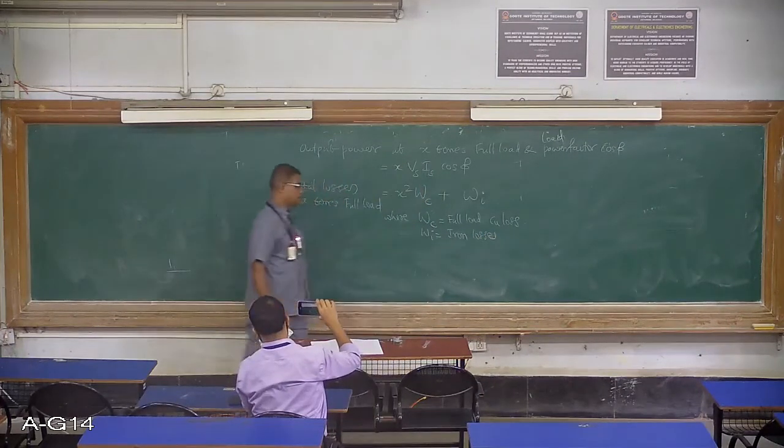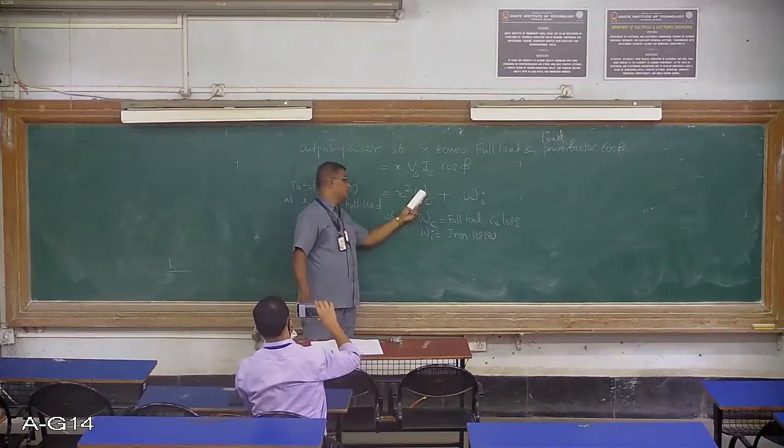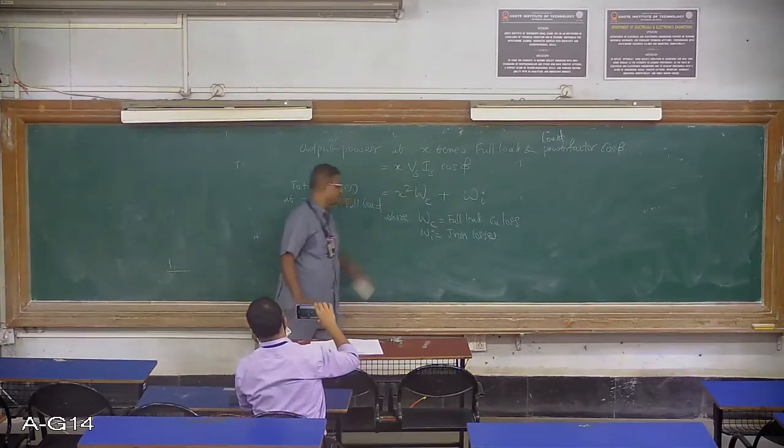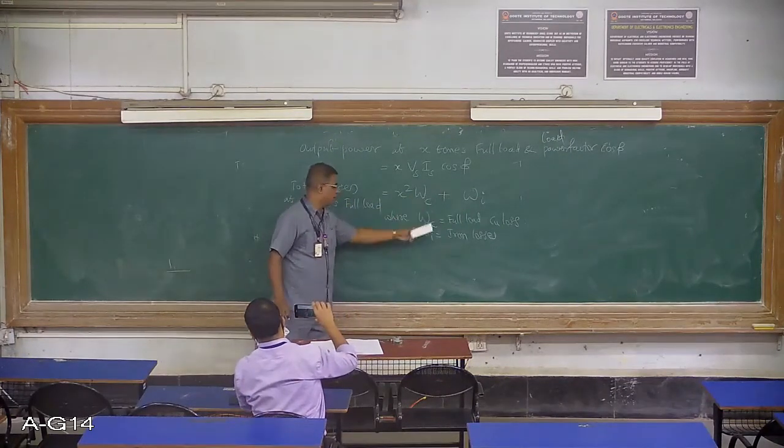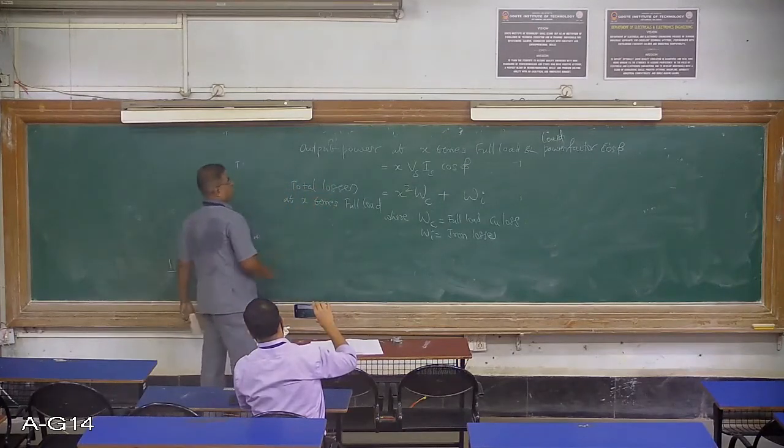You may use the symbols Pc and Pi also. So Wc and Wi are the two losses that we have.